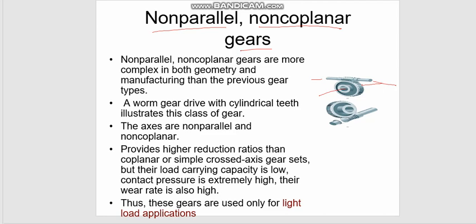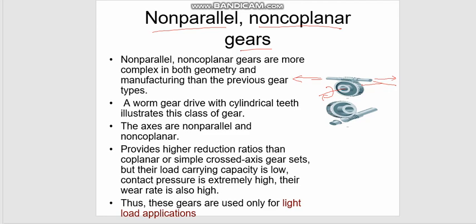The way this is working is this particular gear will turn in a certain direction, and it will translate the power to the other gear system, but the movement of the gear system is not rotational but linear. So it transforms the rotational movement to linear movement for the worm gear.